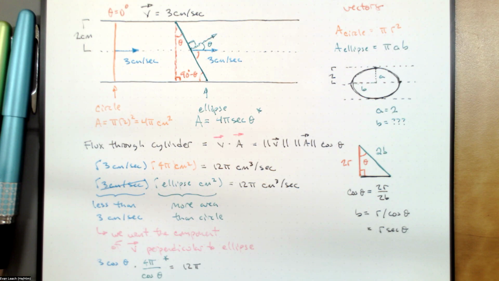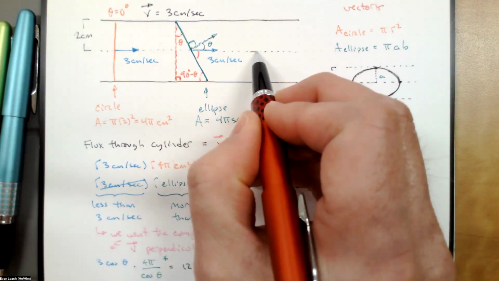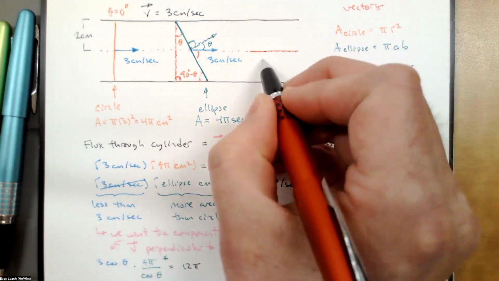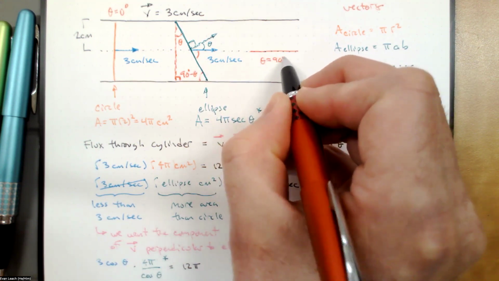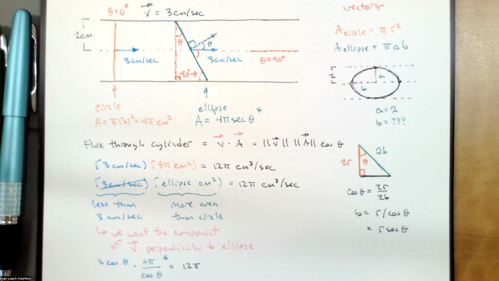When theta gets to 90, we have a super big problem because none of the water is going through the surface. When theta is equal to 90, our area becomes infinite, but 0 of the water is flowing through perpendicular. Area is infinite, but 0 is the component through perpendicular.